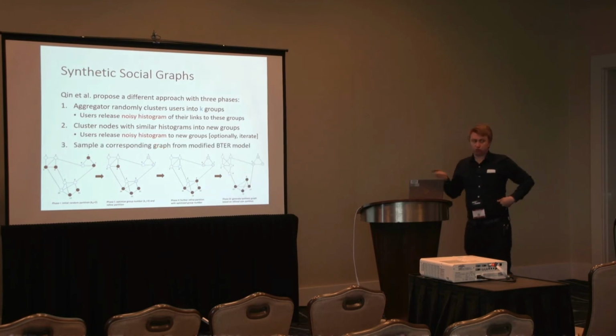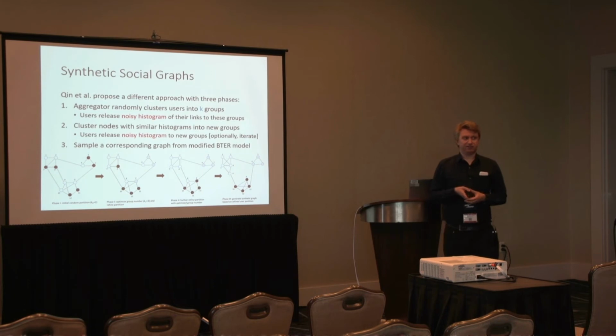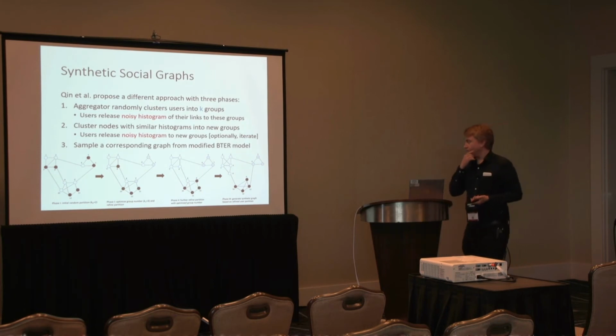So you do that one or two times to build this feature vector that you can then use to instantiate this random graph model.